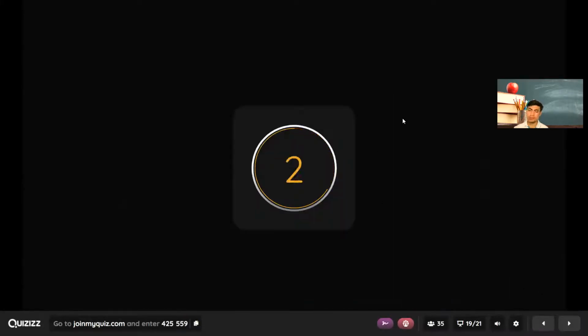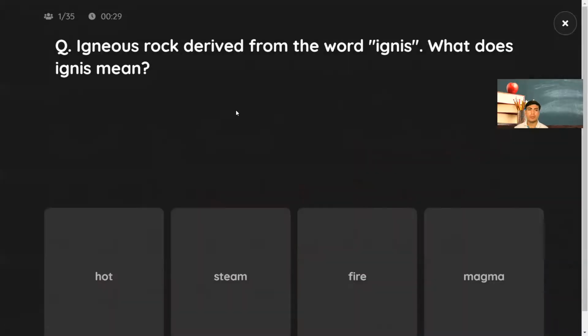Next question. Igneous rock derived from the word ignis. What does ignis mean? Hot, steam, fire, or magma?